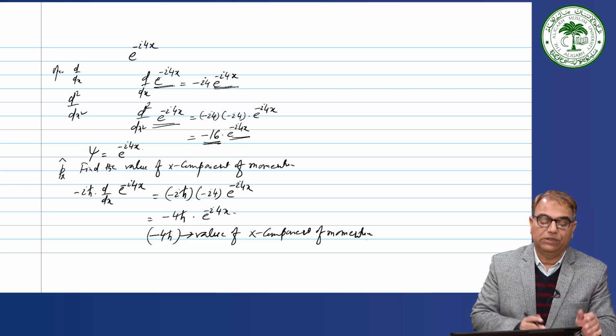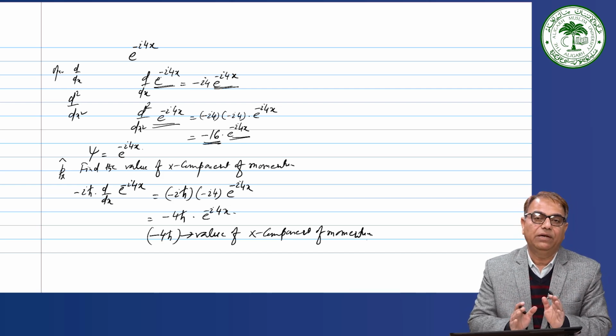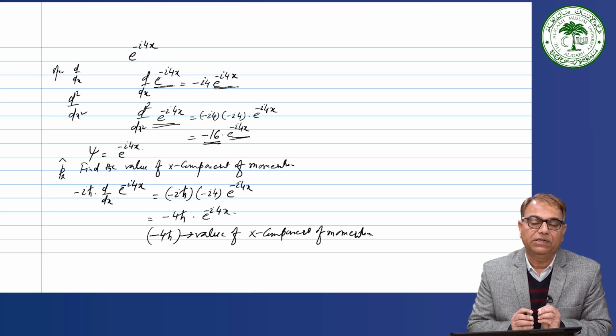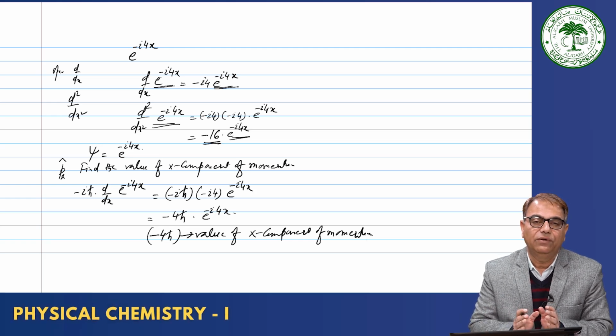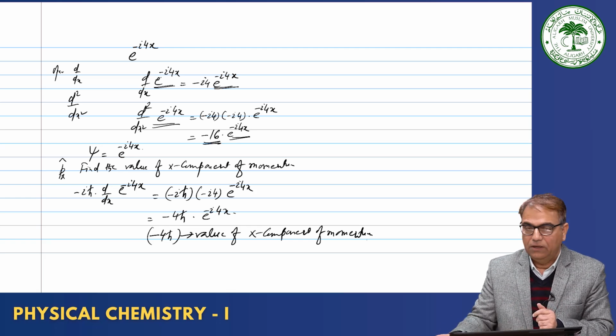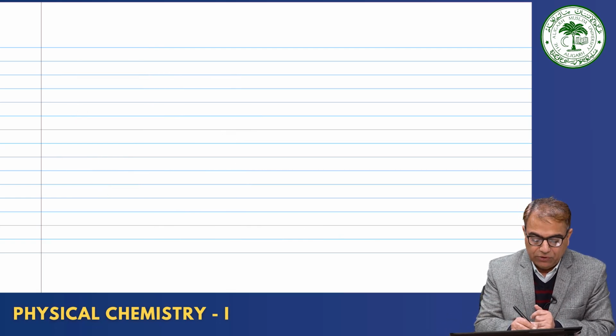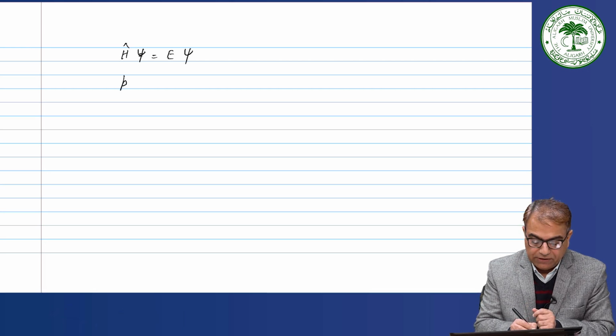Okay. So, the third postulate is the eigenvalue equation, where you operate with an operator on a function and you get a constant multiplied by the same function. That constant is the value of the physical variable whose operator has been used. If you use a Hamiltonian operator on a wave function psi, which is an eigenfunction, then you get energy and the same function back. If you operate with the linear momentum operator, you get the value of p into psi.